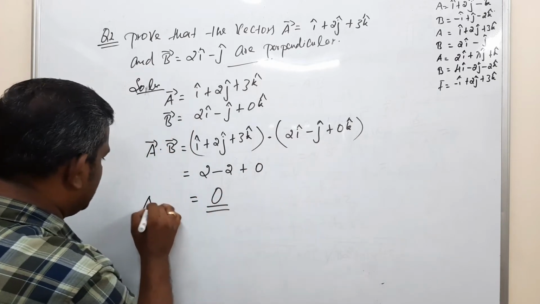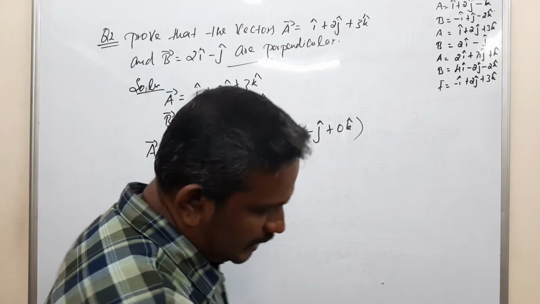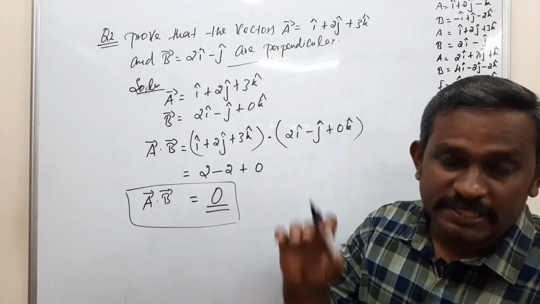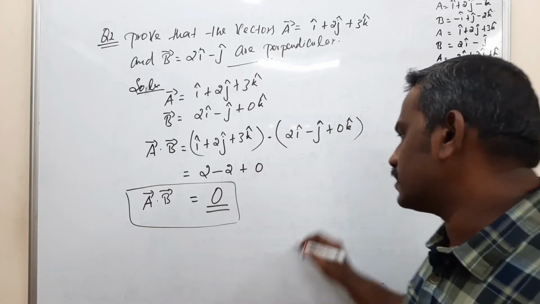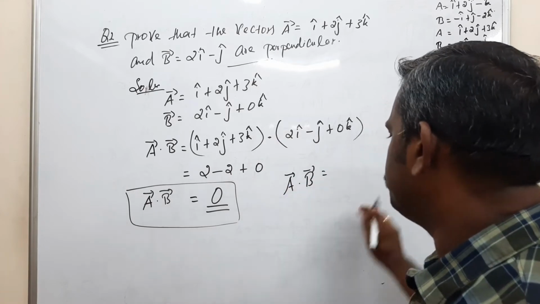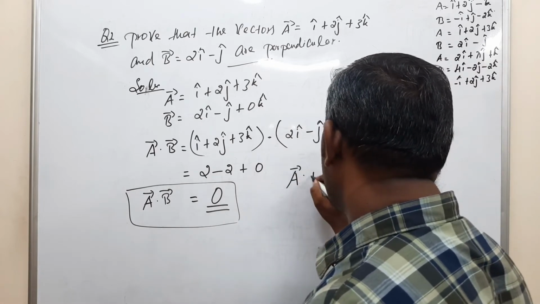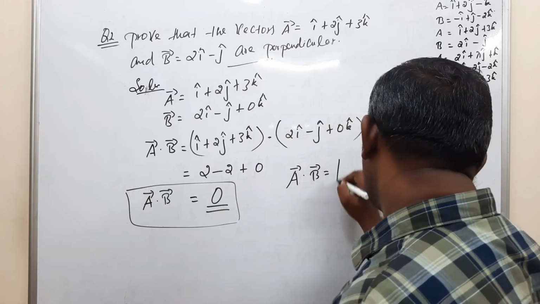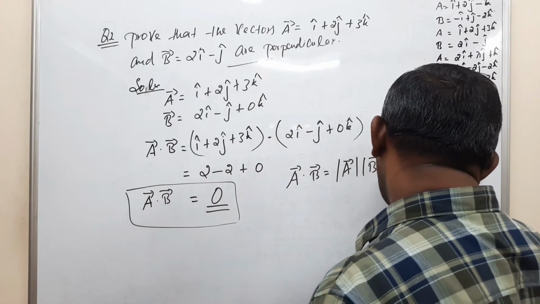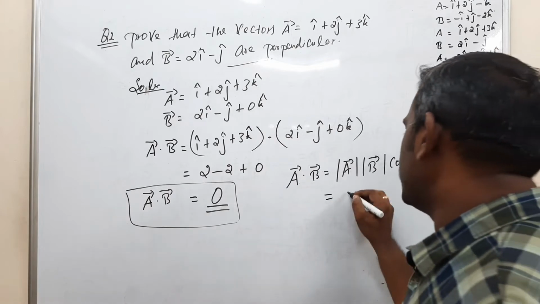So we will get the dot product of the two vectors equal to 0. If the dot product of two vectors is equal to 0, the two vectors are perpendicular. Why? Because A vector dot B vector is equal to modulus of A, modulus of B into cos theta.